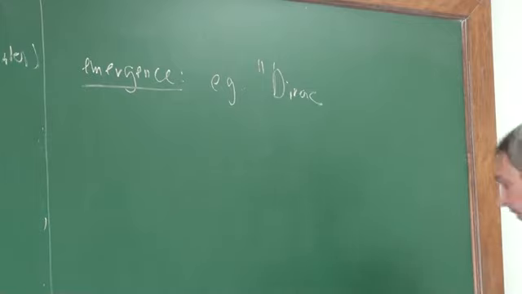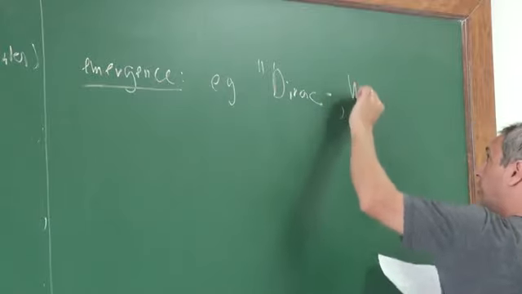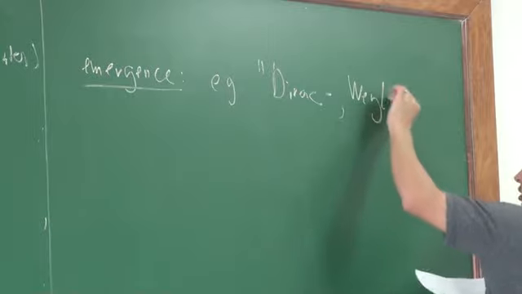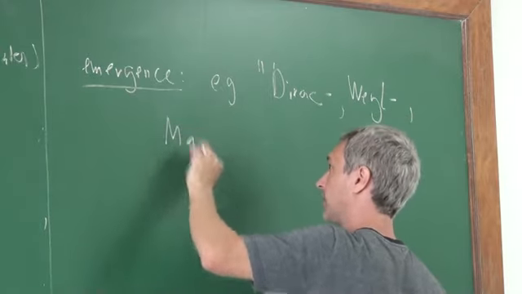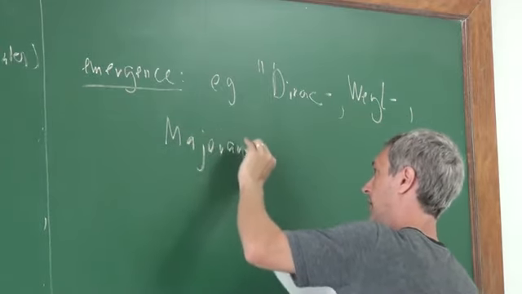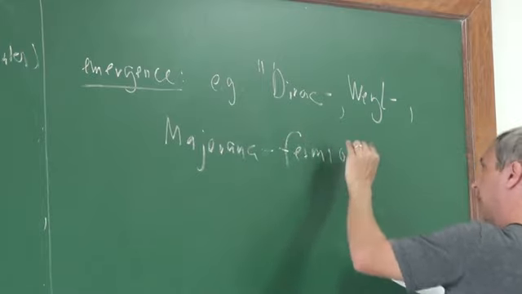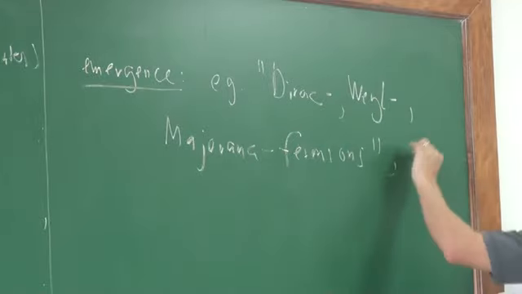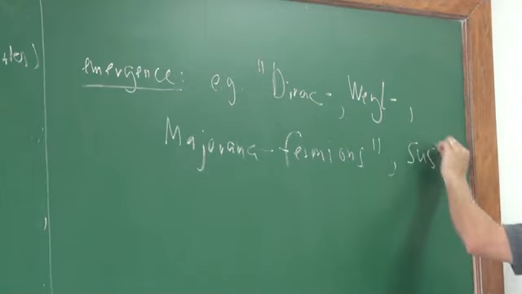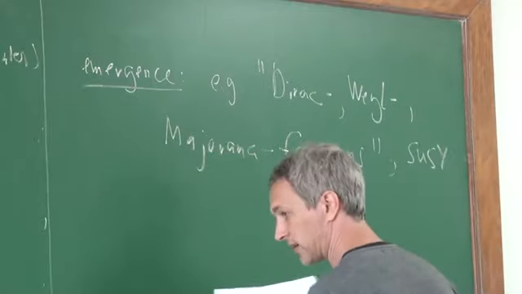So nowadays you find many condensed matter physicists talking about Dirac-Weyl or Majorana fermions. In some theories you have a supersymmetry emerging in the low energy effective theory.